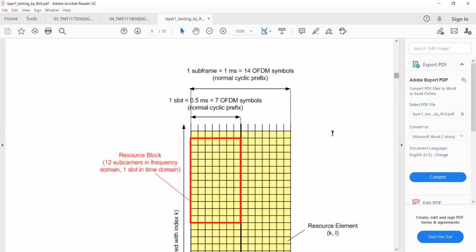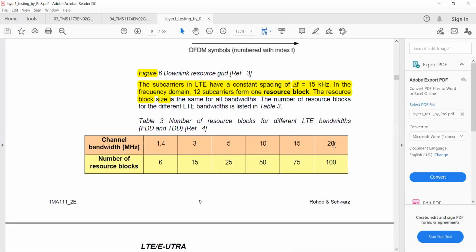See, for 20 megahertz, we have 100 RBs calculated. For 10 megahertz, we have 50 RBs. Like that, for 1.4 megahertz, we have 6 RBs only allocated.